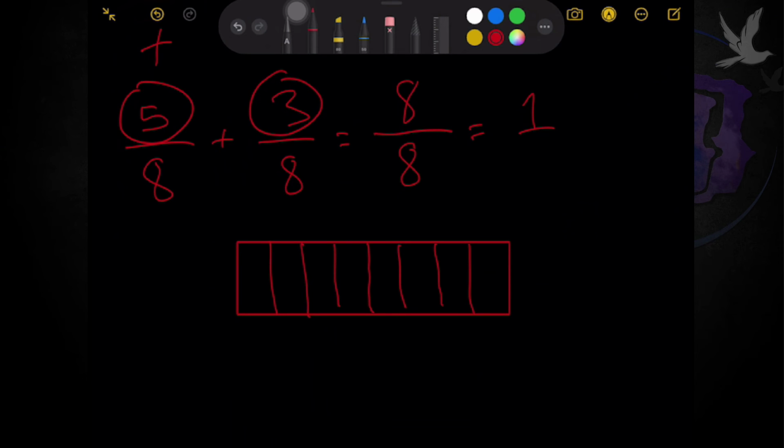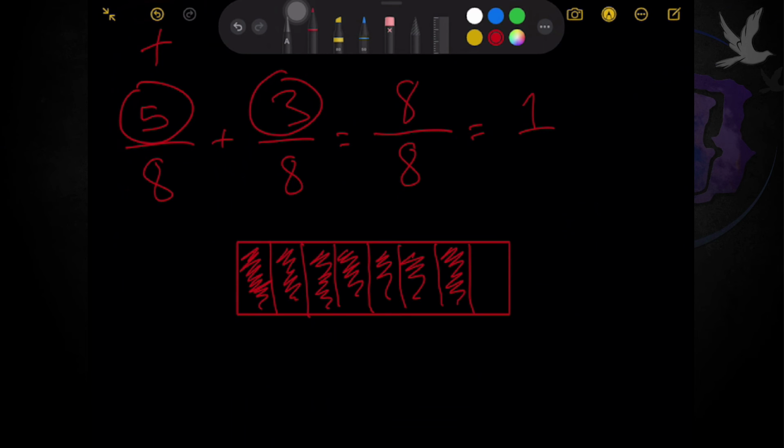Okay. So we now have 1, 2, 3, 4, 5, 6, 7, 8. So, for example, this is just 1 over 8. Right? 1 over 8 only. Then, if you're going to shade 2 more, you now have 3 over 8. Shade 3 more, 1, 2, 3, we now have 6 over 8. 6 out of 8.